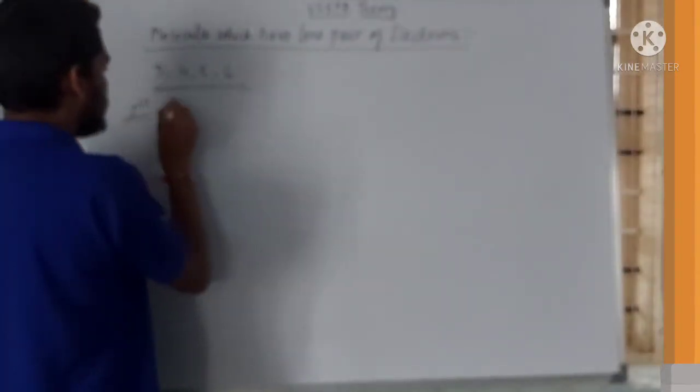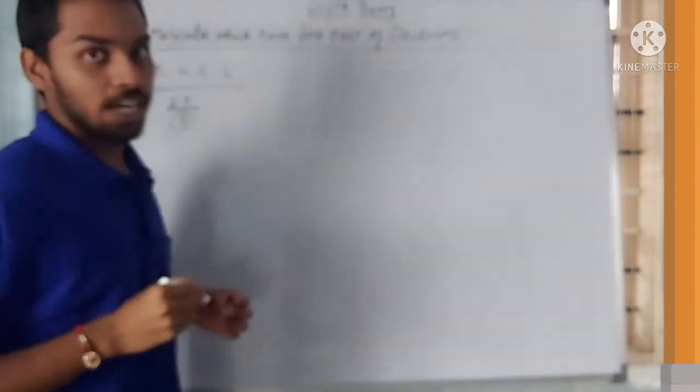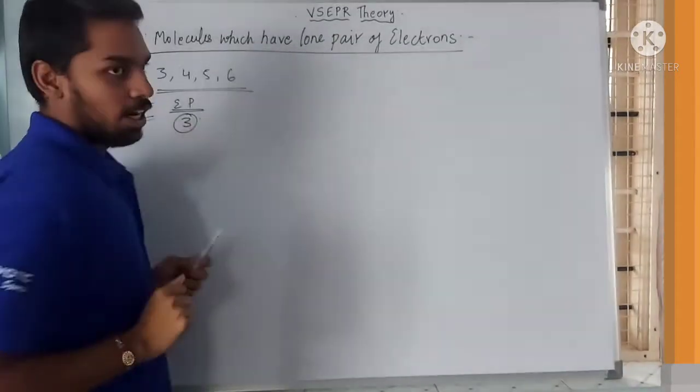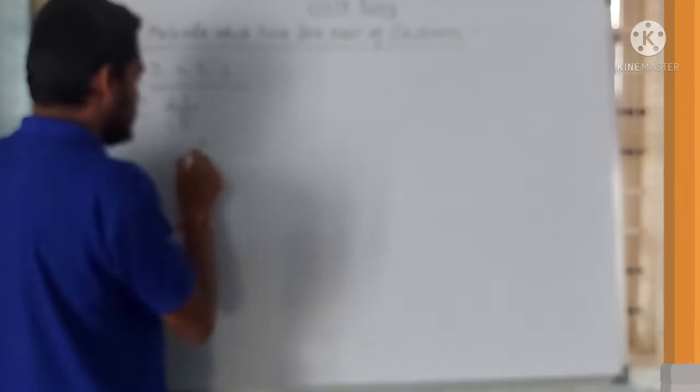So first let us see if the electron pairs are 3 in number. If there are 3 electron pairs, what will be the geometry? There are two possibilities: there may be two bonding pairs of electrons and one lone pair.